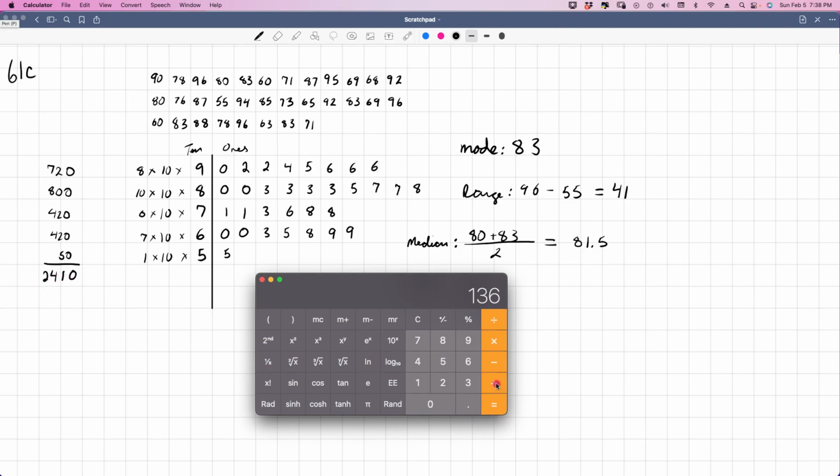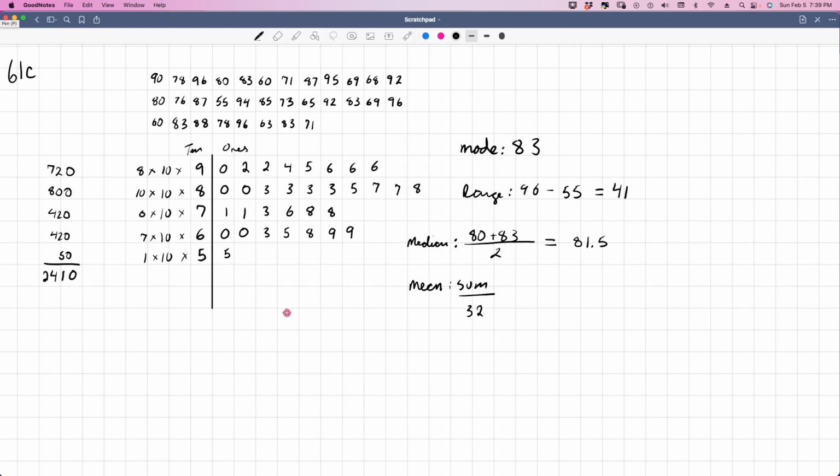So plus 2,410. That's 2,546, and that is correct. And that is the fast way to do it on a standard calculator. If you don't have a graphing calculator, then that's going to be the best way to do it. So 2,546.